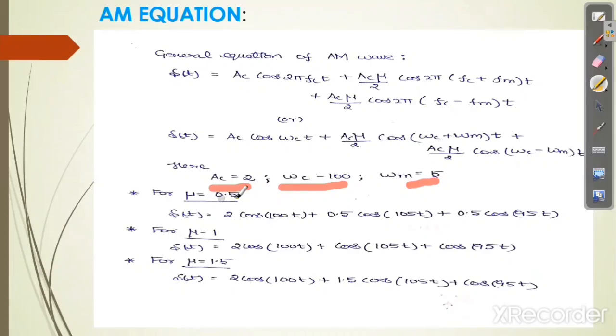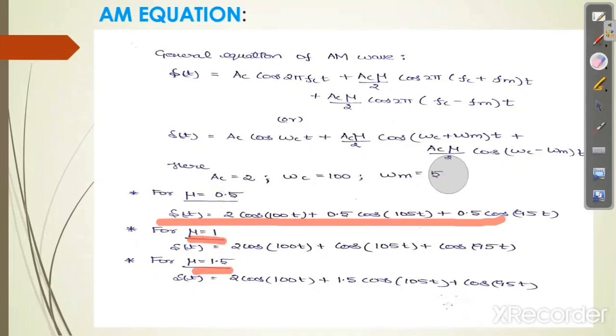For the different modulation indices, we get these equations. S of t is equal to 2 cos 100t plus 0.5 cos 105t plus 0.5 cos 95t. Like that, we can get the equation when mu is equal to 1, and when mu is equal to 1.5. Now we are going to realize these equations on the GeoGebra platform.